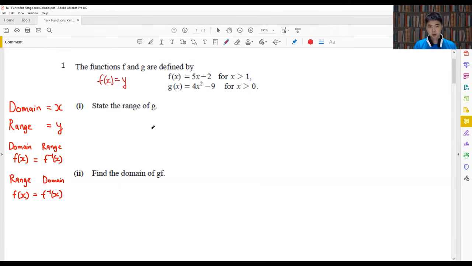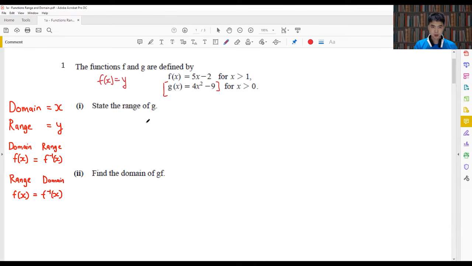Looking at one of the example questions, the first question is asking to state the range of g. The function g, we will only look at this part here, okay? To find the range of g, you can just straight away substitute 0 into x.